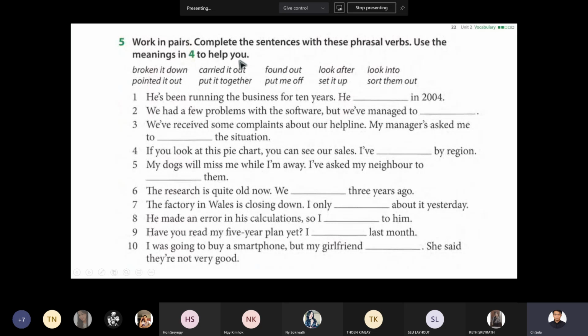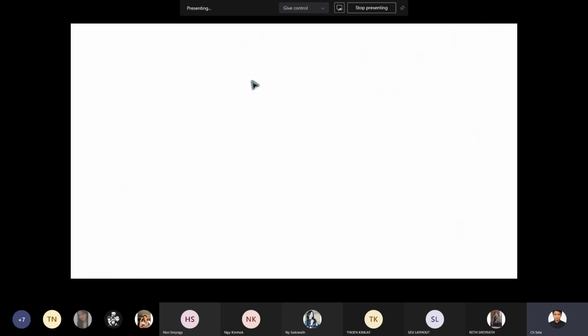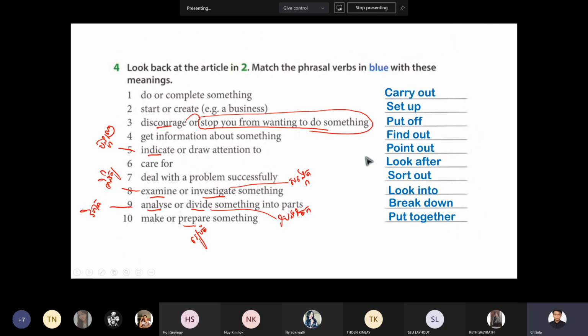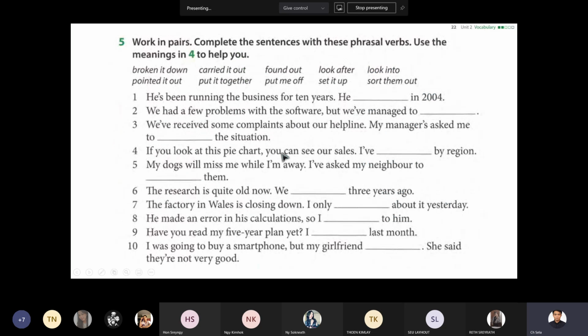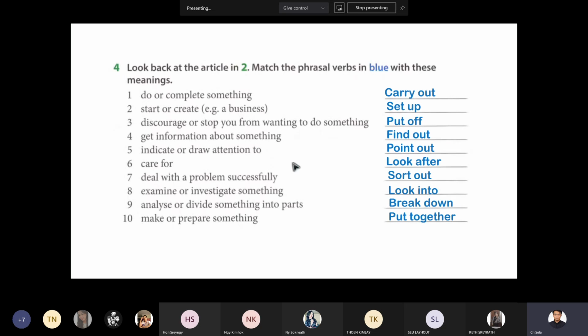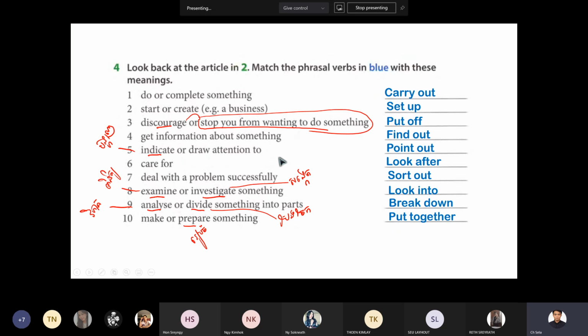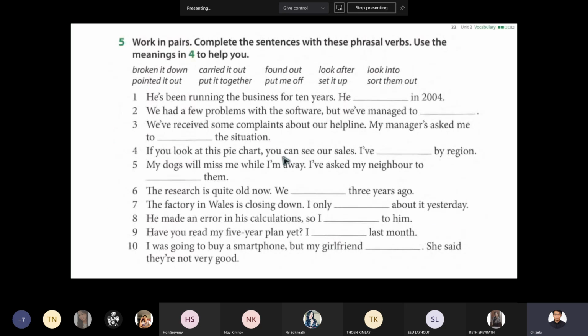Work in pairs. Complete the sentences with these phrasal verbs. Use the meanings in exercise four to help you. So you have to have a look at this one and then do this exercise. I already sent you this slide in your Telegram group, so you can see if you haven't completed your answers in the book.